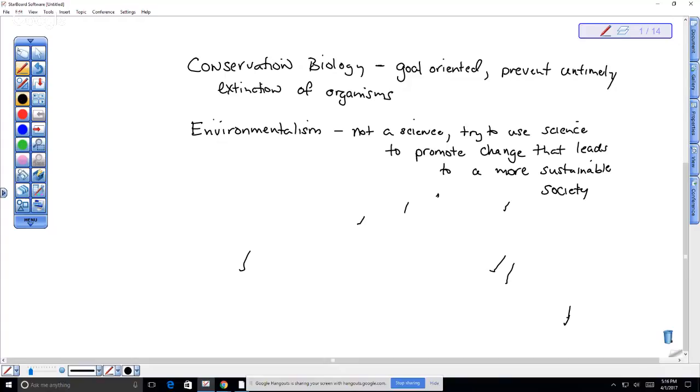And so it's important to realize that environmental science and conservation biology and even environmentalism have to be interdisciplinary. And what this means, so we can talk about interdisciplinary, what that means. Okay, so if you look at this, between disciplines.